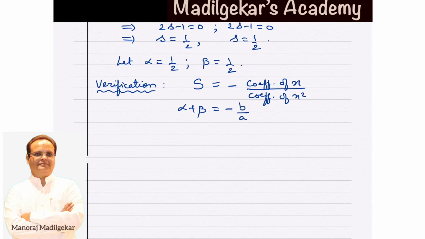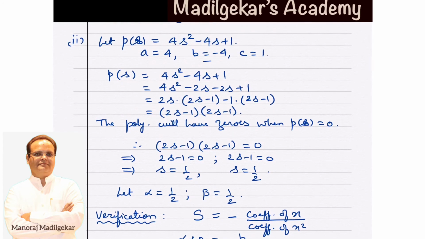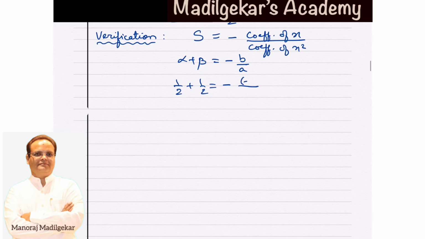Substitute the values of alpha, beta, 1 by 2, 1 by 2. Now from the coefficients, what is the value of b? It is minus 4 and the value of a is 4. So it is minus of minus 4 upon 4. LHS is equal to RHS. So sum is verified.